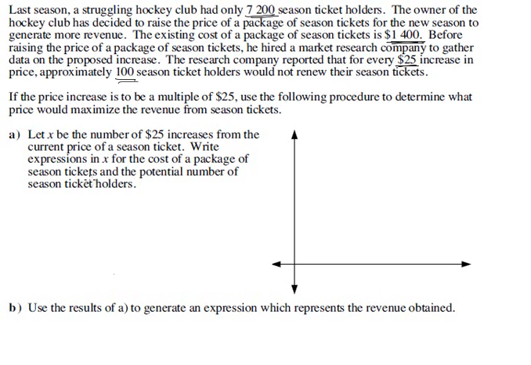Write expressions for the cost of a package of tickets and the potential number of ticket holders. Well, what we have right now, the status quo before we change anything, is we're selling 7,200 season tickets. We'll leave some space there, there's more coming. And we're making $1,400 off each one.